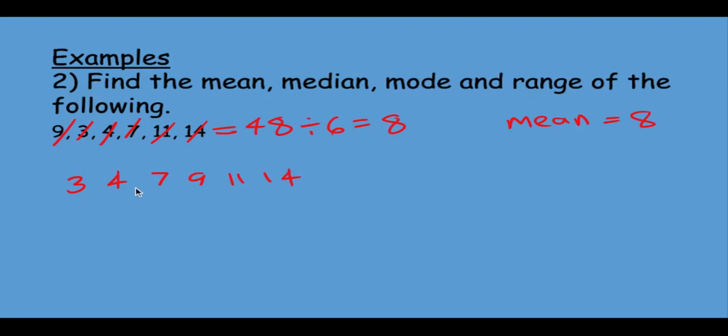So we see, being as we've got an even number, there's not a middle number, but there are these two here, 7 and 9, are the middle two numbers. So for the median, we add those up and divide by 2. So our median is also 8.